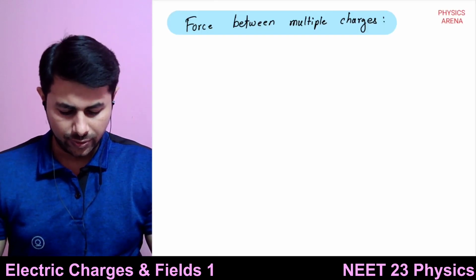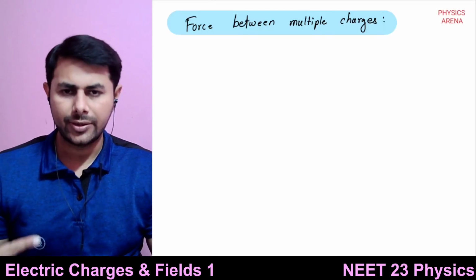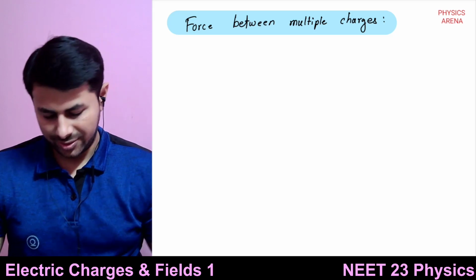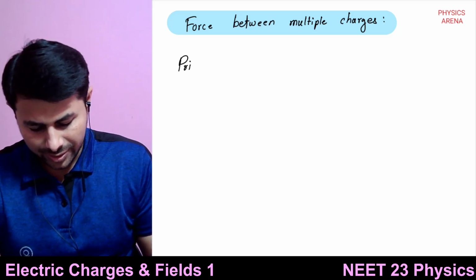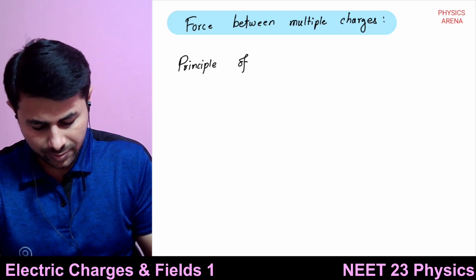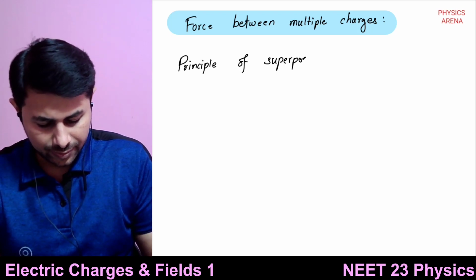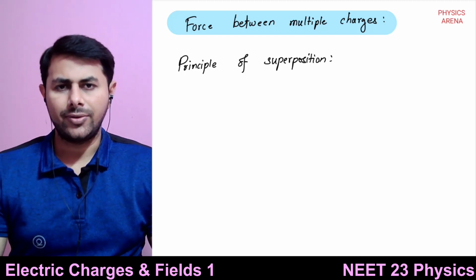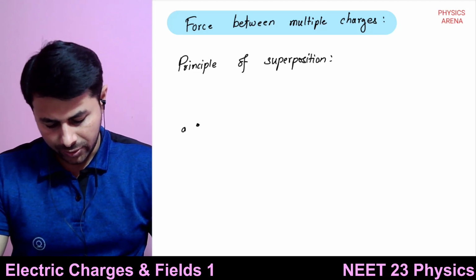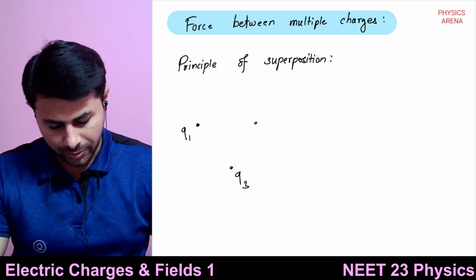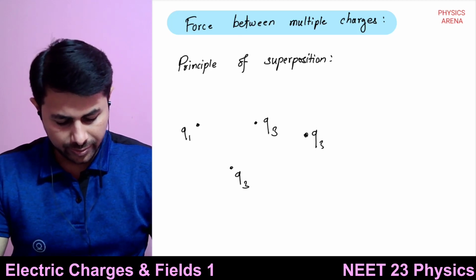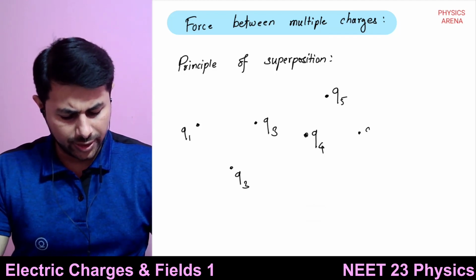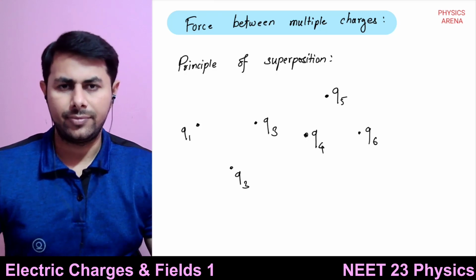So what will be the force if you have multiple charges? Here comes the principle of superposition. Now let's suppose we have n number of charges, q1, q2, q3, q4, q5, q6, so on and so forth up to qn.